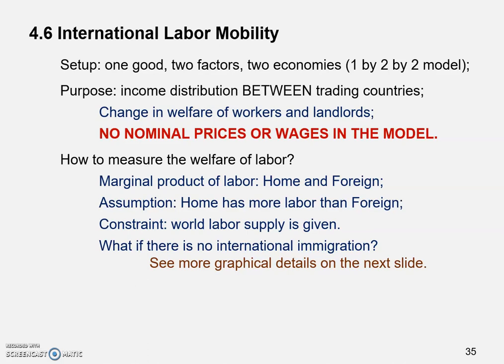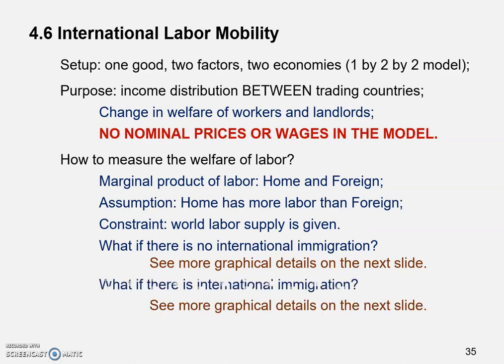In other words, two economies are isolated. And then the second situation would be, what if immigration is allowed? Okay, so people can go across the border. And this would be the situation after. Okay, so let's do the graphical analysis.